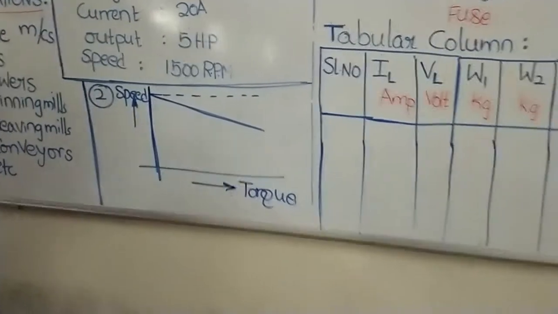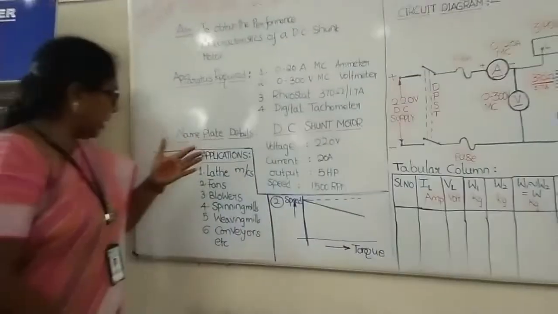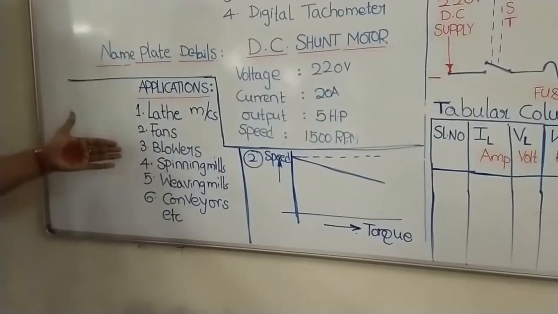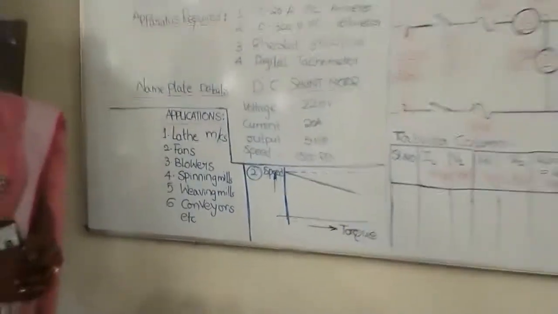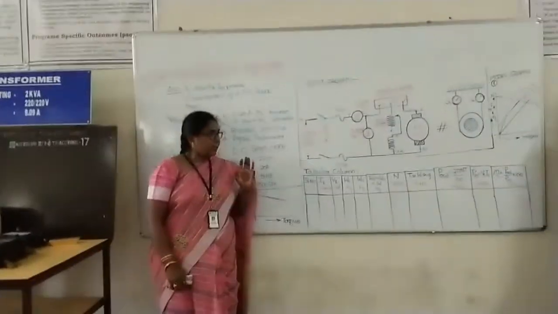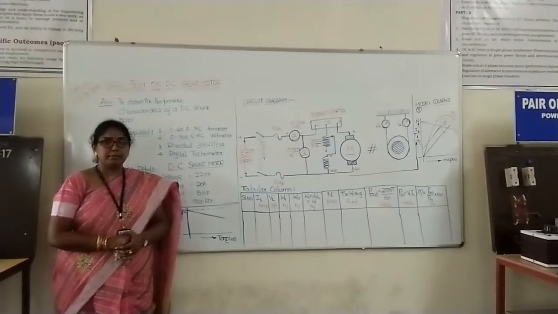Coming to the applications, shunt motors are used in lathe machines, fans, blowers, spinning mills, weaving mills, conveyor belts, and so on. After completing the experiment, you have to draw these graphs on a graph sheet and submit it. Thank you.